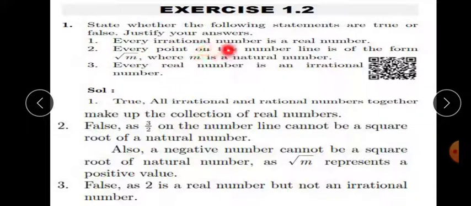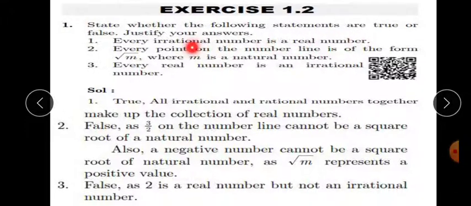Every irrational number is a real number. Before that, just have a quick recap of real numbers. Real numbers are those numbers which include the set of rational as well as irrational numbers. In simple words, all rational and irrational numbers come under real numbers.